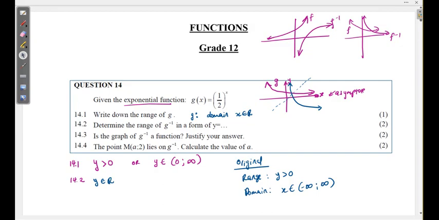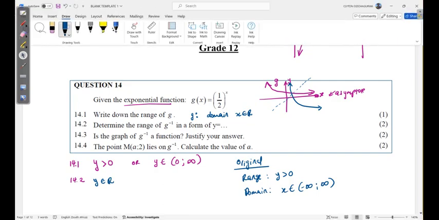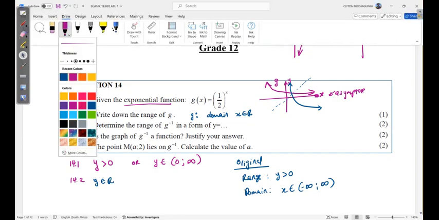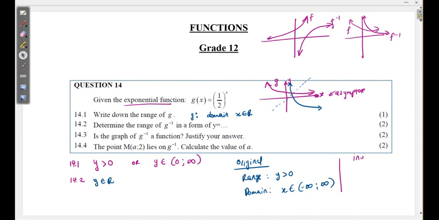Now I need you to know that in terms of the inverse, when you are looking for the range, it will be the domain of the original, meaning you just change this x, you write it as y, to say y is an element from negative infinity to positive infinity.